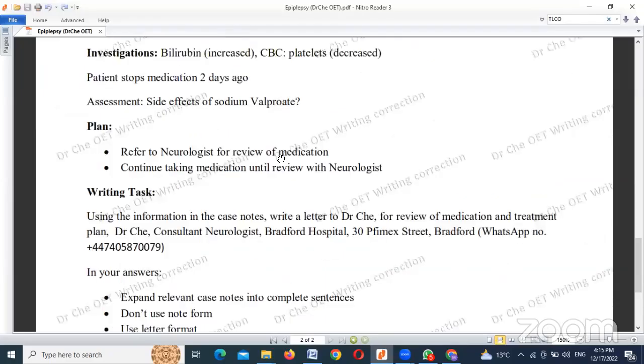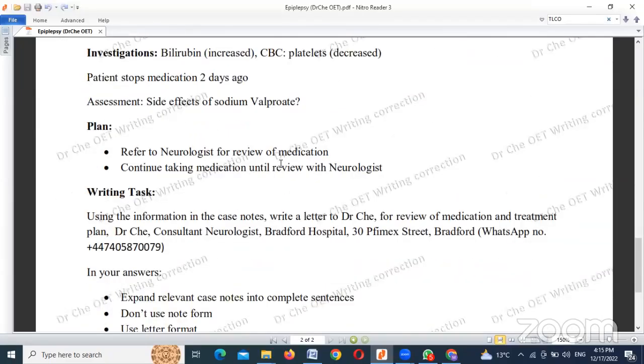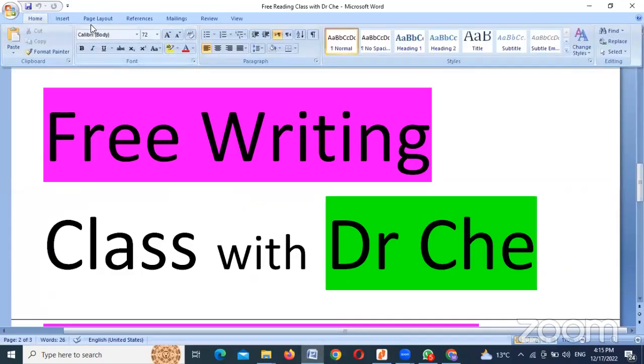As you remember, in the purpose we need to write two things. Number one, what is wrong with the patient, meaning the diagnosis. Number two, what we want from the reader. So we write two things in the purpose.